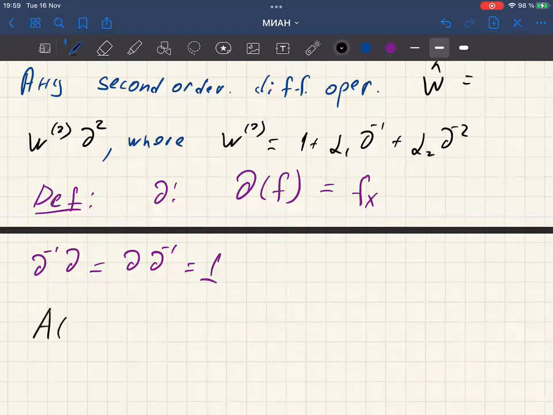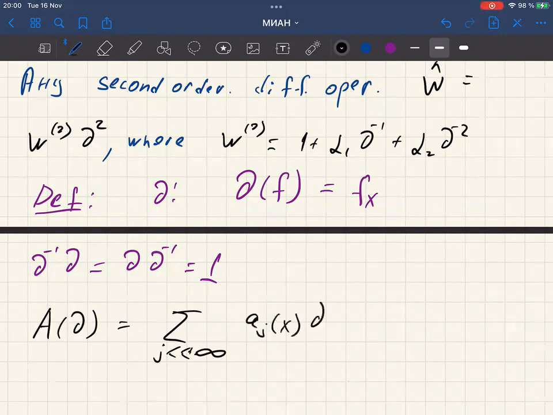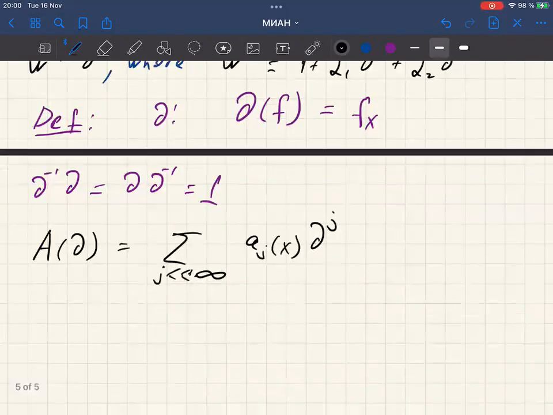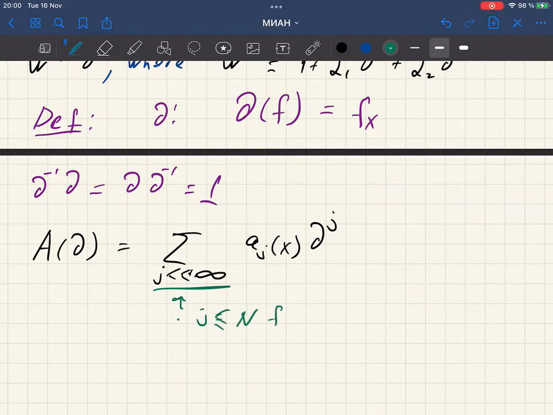We could determine, for example, the sum of e_j d^j for j less than plus infinity. This means that j is bounded above for some n.